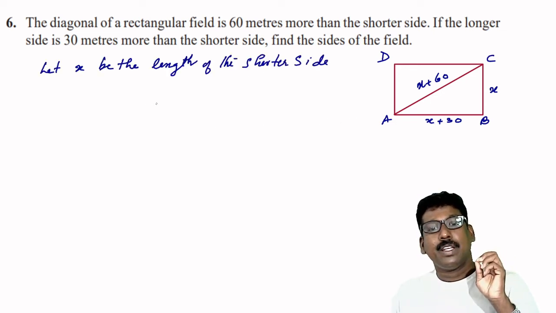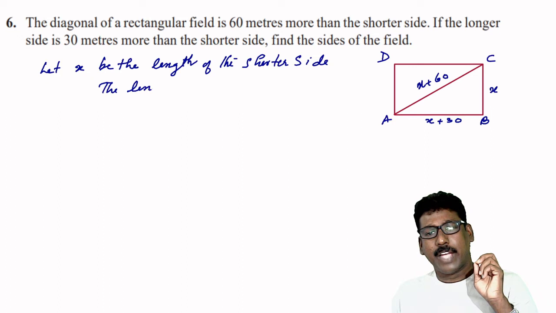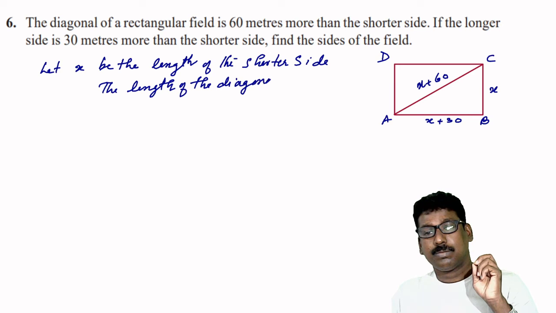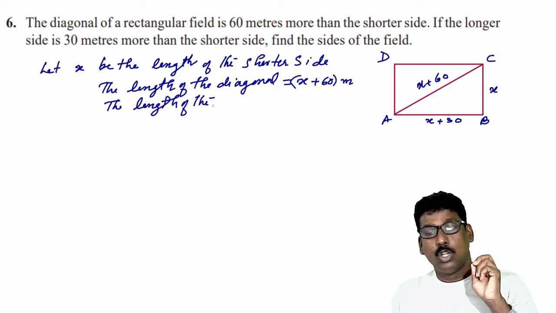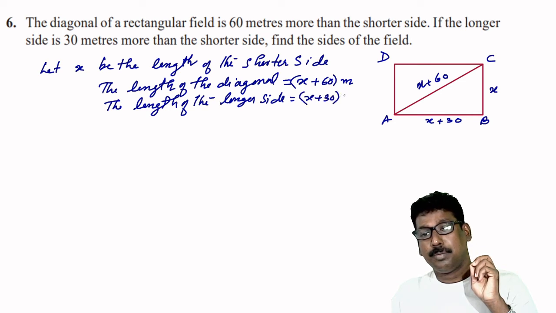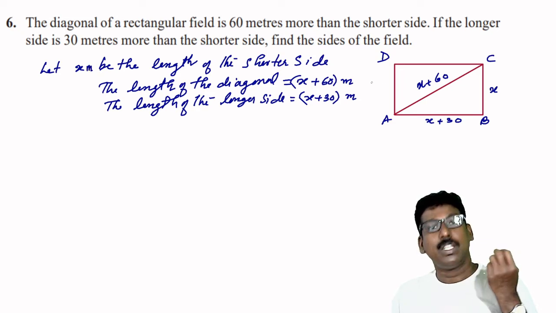Let x be the length of the shorter side, then the length of the diagonal you can write as x plus 60 meters, and the length of the longer side is x plus 30 meters. So here x meter is the length of the shorter side.